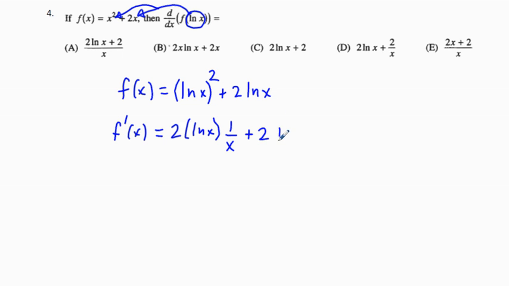Well, that's going to be 1 over x. So what that does, we have a common denominator in each case. We're going to have 2 ln x plus 2 over x, meaning that our correct answer is A. Well, again, I had a little bit of trouble with this one.